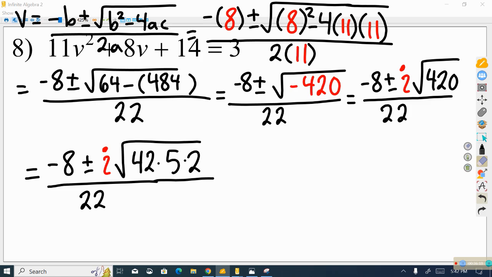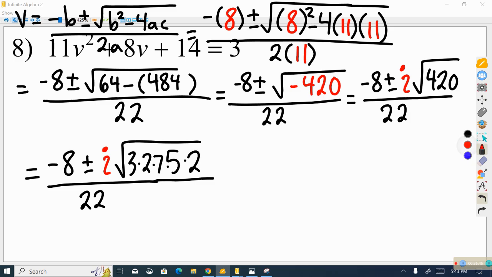42 is 6 times 7. So instead of writing 42, I'm going to write 6 times 7 right here, yeah? 6 times 7 times 5 times 2. But I see I can also break down 6, right? 6 is equal to 3 times 2. So that means we have 3 times 2 times 7 right there. And so 3 times 2 times 7 times 5 times 2, right?